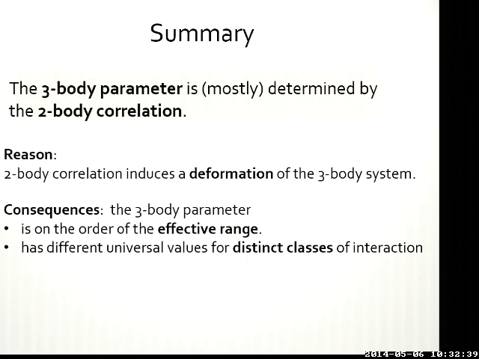The reason is that two-body correlation imposes a deformation of the three-body system. The consequence is that the three-body parameter is typically on the order of the two-body effective range, determined by this length scale. And it admits different universal values for distinct classes of interactions.